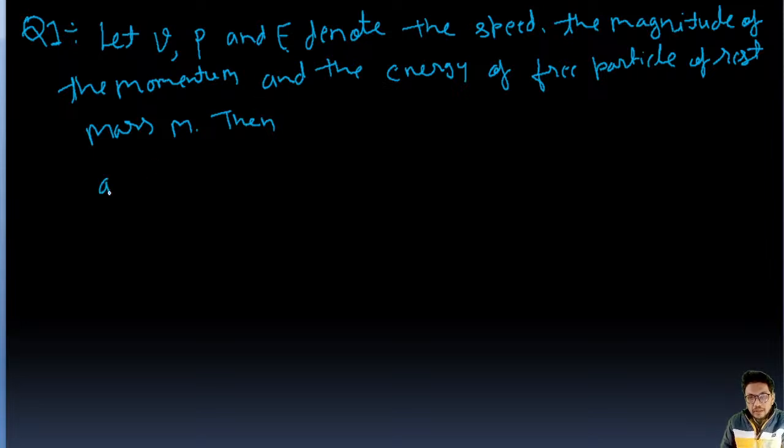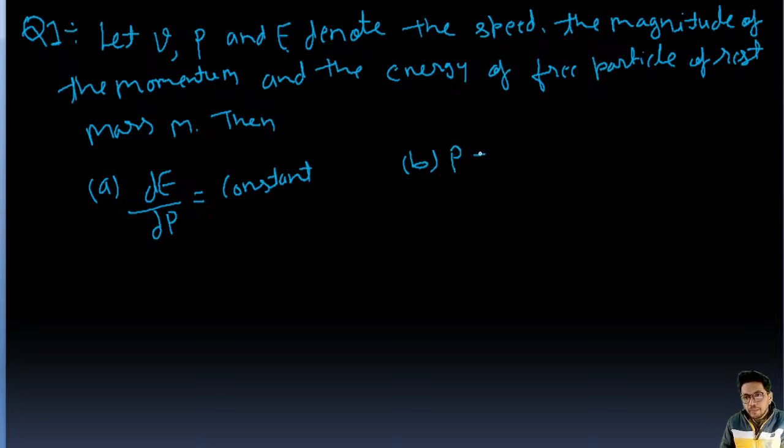The options are: A, dE upon dP equal to constant. Option B is P equal to mv.